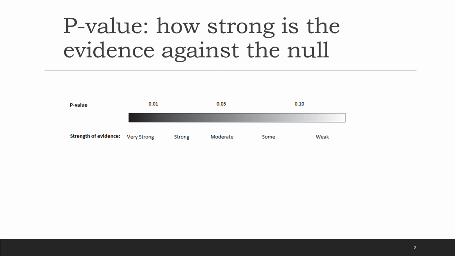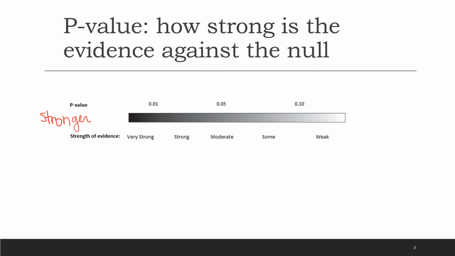So remember, the p-value is measuring how strong the evidence is against the null hypothesis. And it does it in kind of a funny way. It measures how likely we'd be to see our test statistic if the null hypothesis were true. So when the p-value is small, it gives us stronger evidence against the null hypothesis because it's indicating that our sample is not very consistent with the null hypothesis.